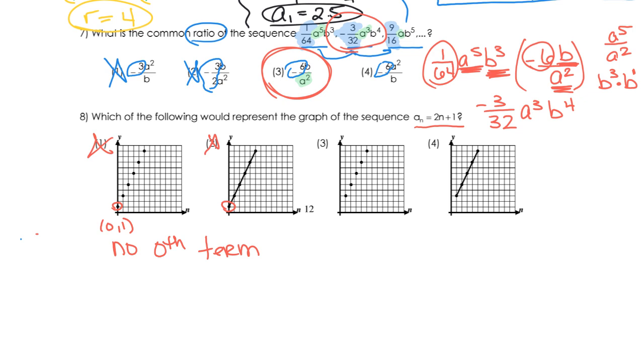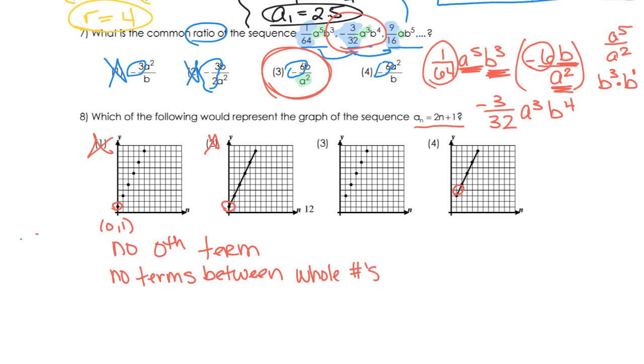You're going to notice that the only difference is that some are connected and some are not connected. So what we have to remember is that when they connect them, all those points on that little line segment are representing your sequence. And not only is there no 0th term, but there are no terms between the whole numbers.